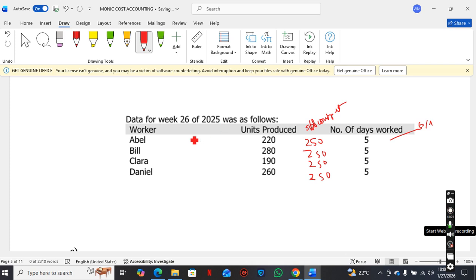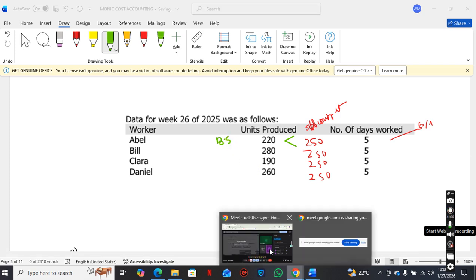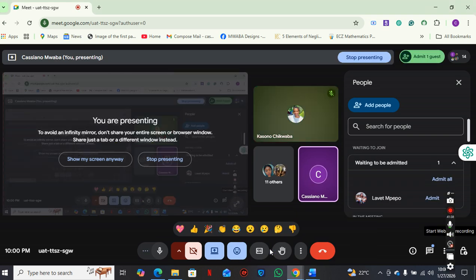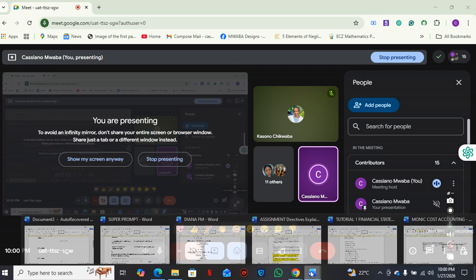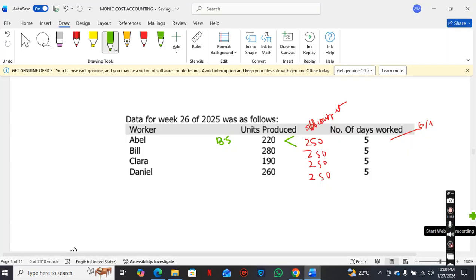So we start with Abel. He produced 220 units. He produced below standard. So he's going to be paid 80% of the piece rate.